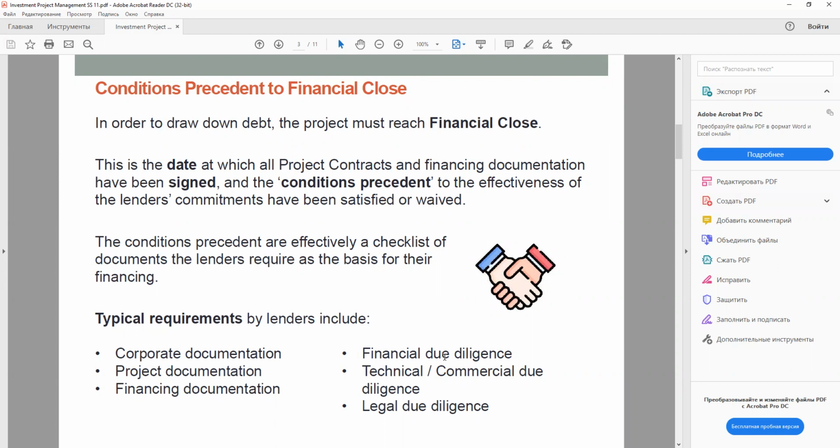Evidence that interest rate swap or other hedging arrangements are in place, or have to be concluded immediately at financial close. Evidence that the project accounts and other banking arrangements are in place. Evidence that the required insurance is in place. Up-to-date financial statements for relevant parties.